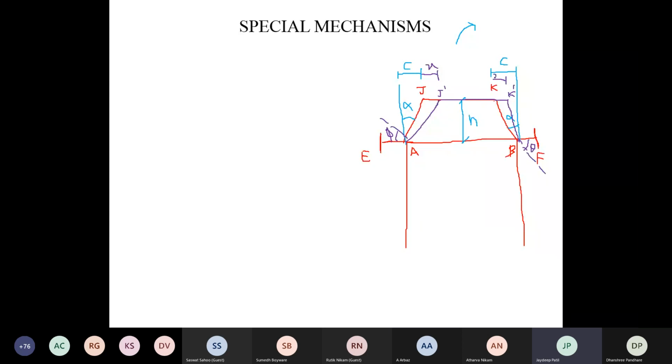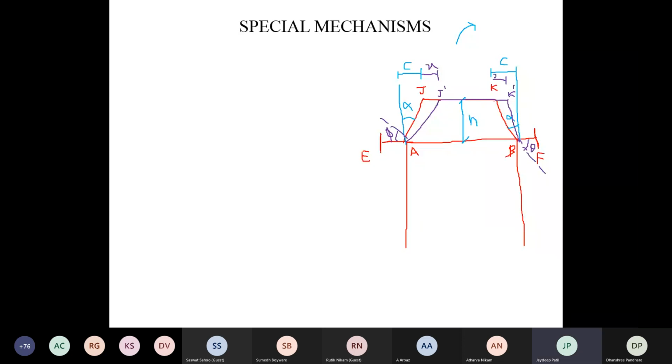Now how much angle has the link AJ turned? Tell me the angle J A J dash. This angle is your phi.